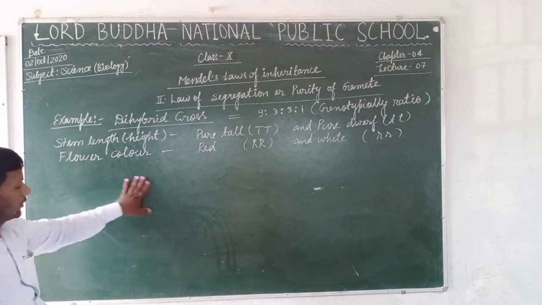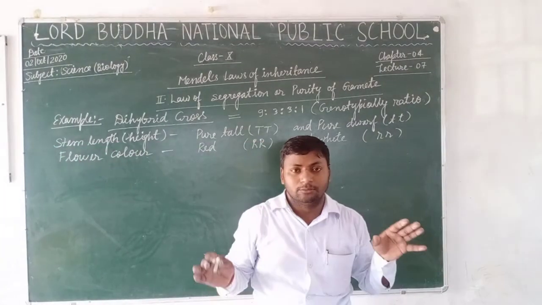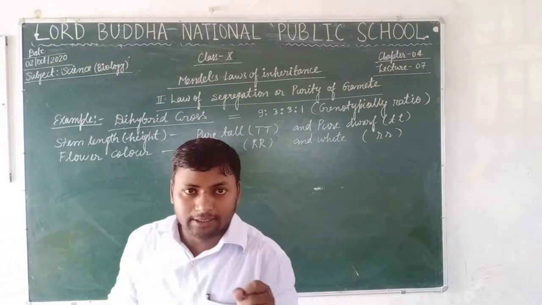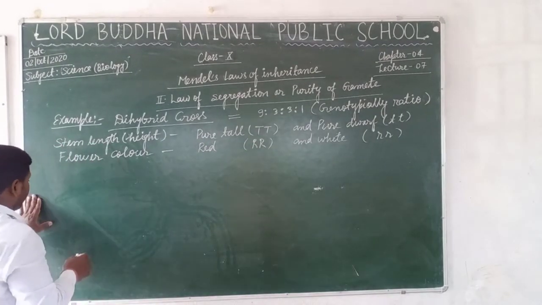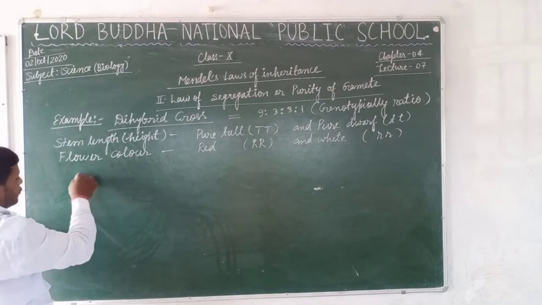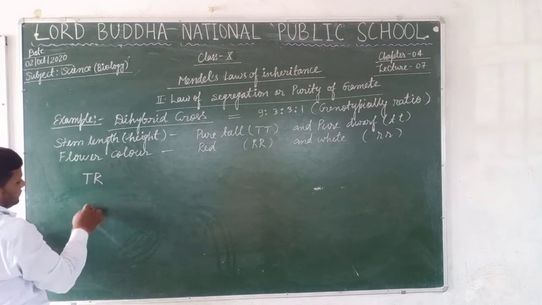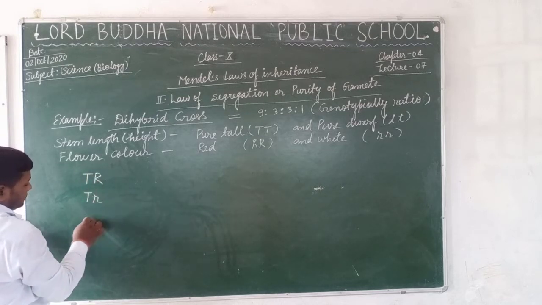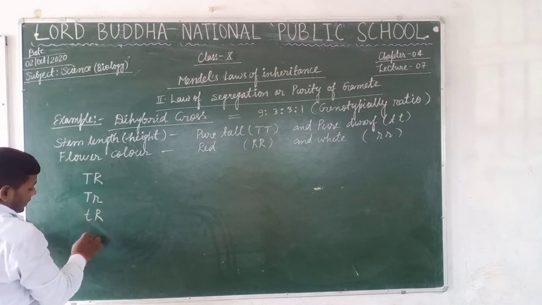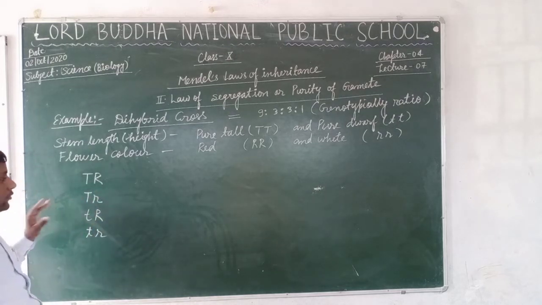When cross hybridization is first carried out, the pairs of alleles obtained are capital T capital R, capital T small t, capital R small r. These are the individuals of the F1 generation.